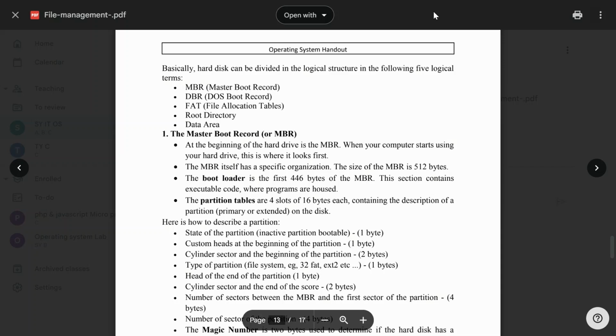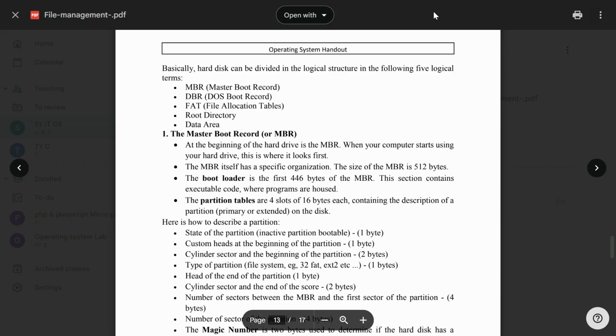Now, the partition table are four slots of 16 bytes each. So there are four slots of 16 bytes, that is for partition tables containing the description of a partition on the disk. Means it contains the information about the partition on disk.